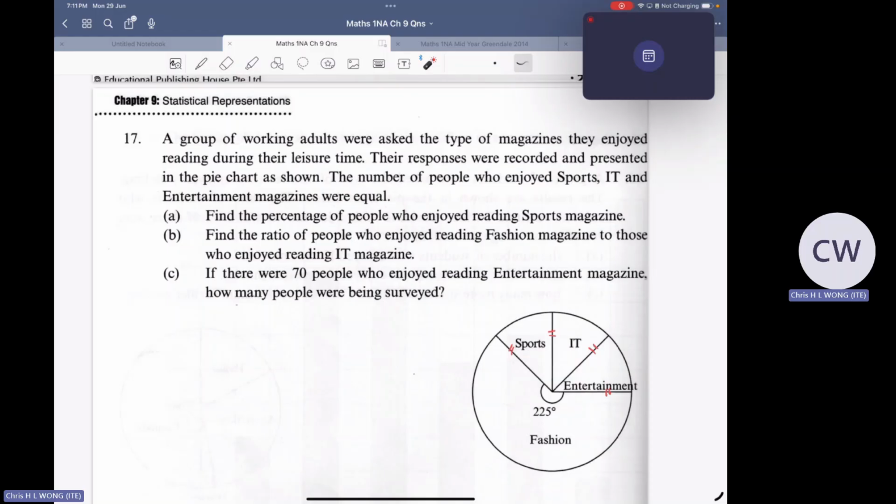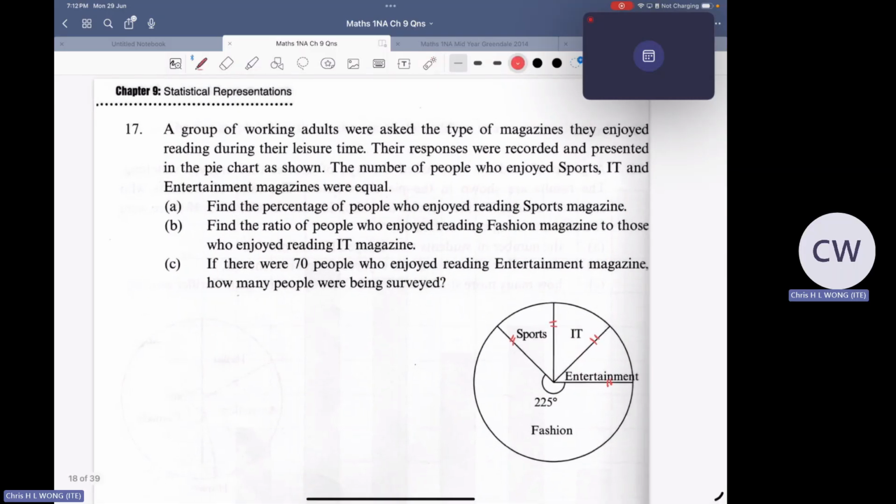Let us look at this first. 360 degree minus 225, divided by 3.